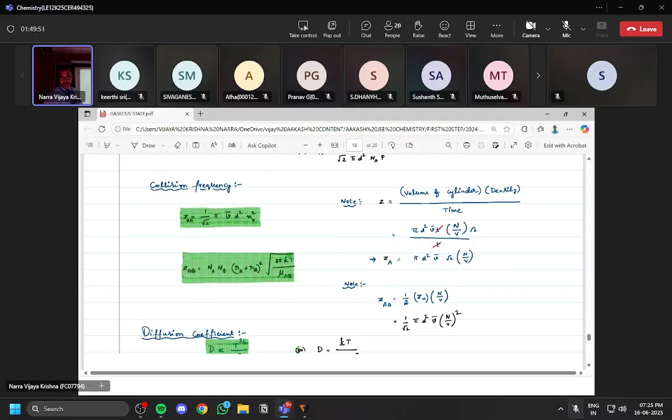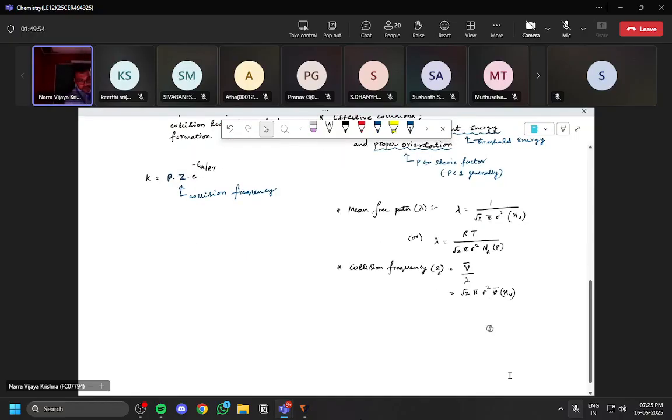Again, I am writing. If it is ZAA, what is the formula? Collision frequency if the same type of molecules are moving and making collisions. So what is ZAA? 1 upon root 2 pi sigma square average velocity into NV square.